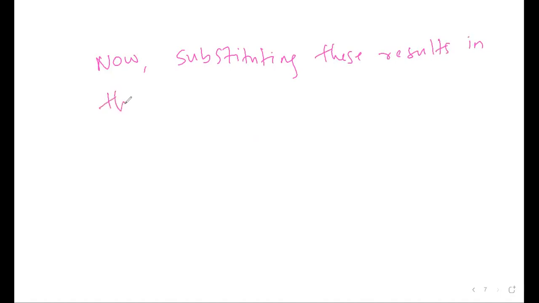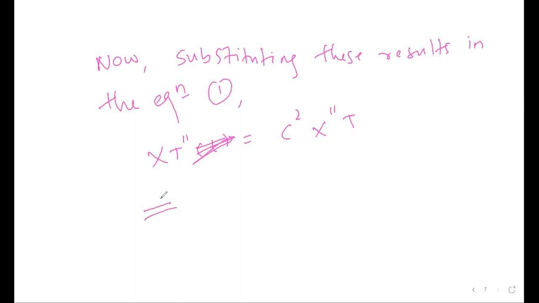Now, substituting these results in equation number 1, you will get X T double dash is equal to c square X double dash T. So I can separate X and T on both sides: T double dash over T, sorry, this is alpha square, sorry about that.